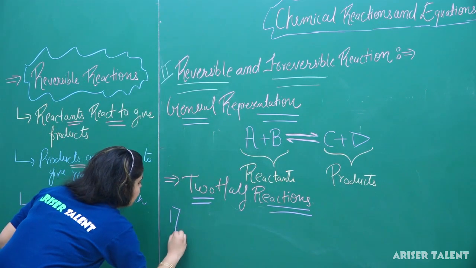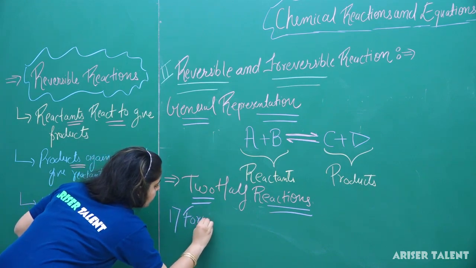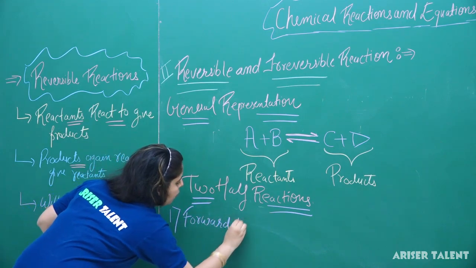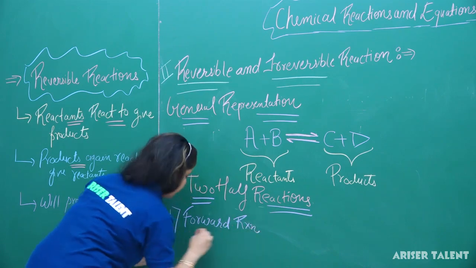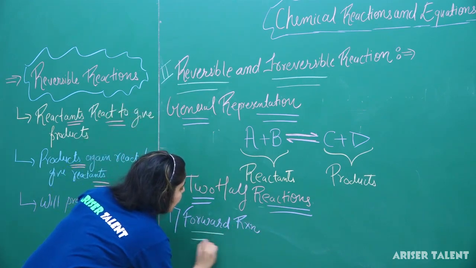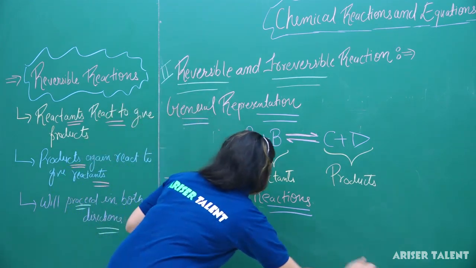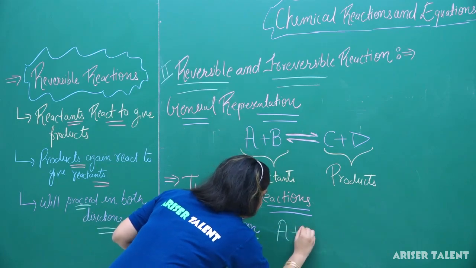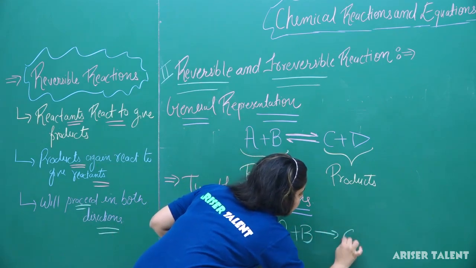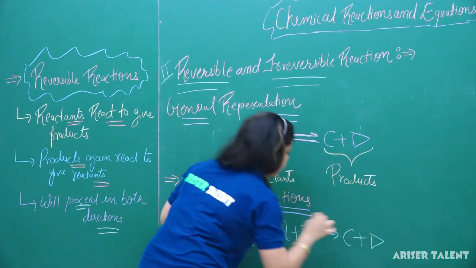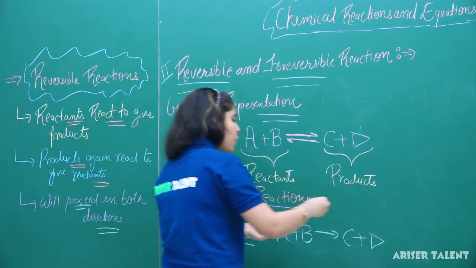First reaction is the forward reaction, and the forward reaction can be represented as A plus B gives C plus D. So this is our forward reaction.